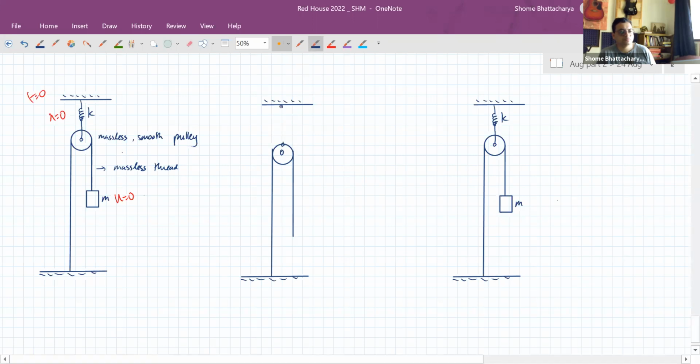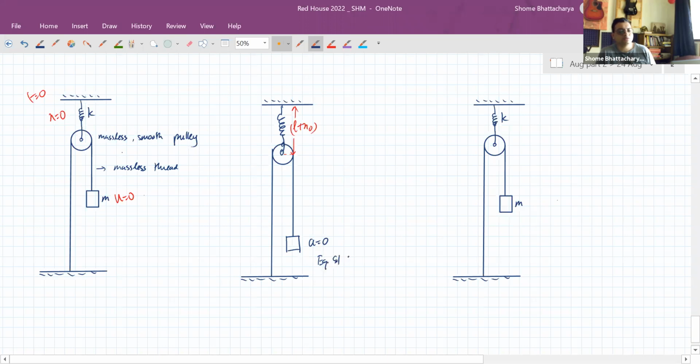Okay. So this is now suppose L plus X naught. And this is having zero acceleration. So it's the equilibrium state.